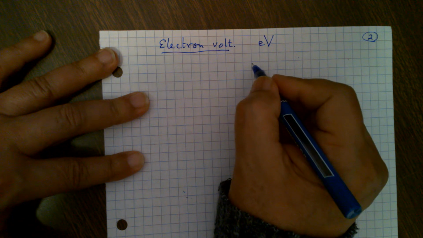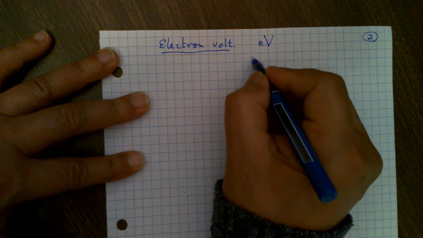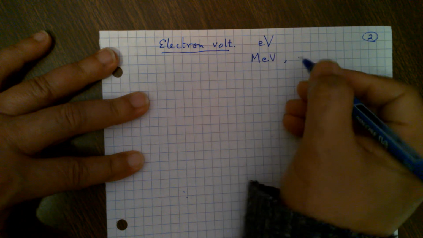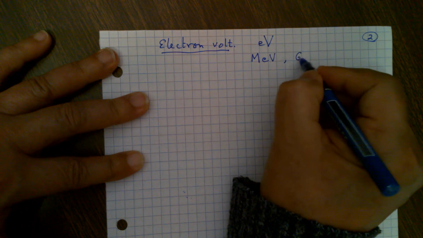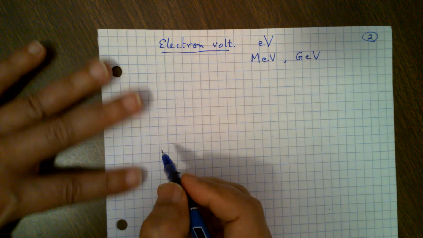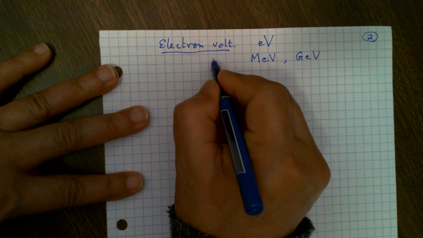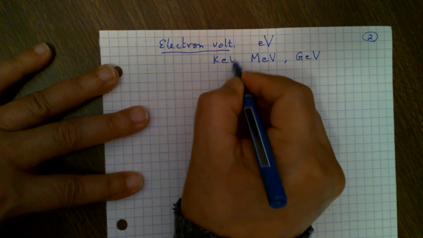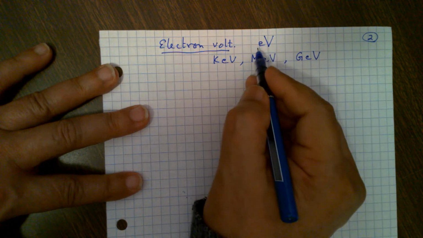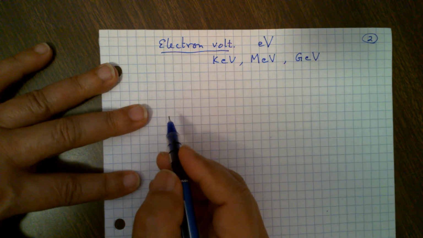So if I want to write million electron volt, I'll write MeV. And if I want to go giga electron volt, I'll say GeV. Or if you want kilo, then it'll be keV. All right, so these are just names, but as long as you understand what electron volt is, that's good.